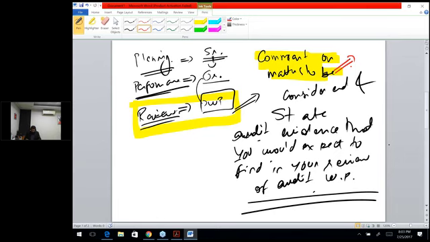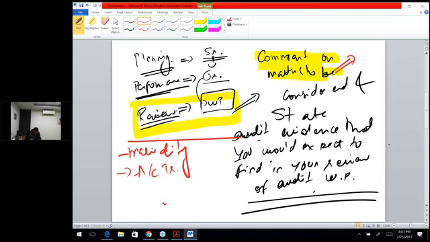So when we talk about comment on the matters to be considered, first of all, you need to talk about the materiality of the matter, whether the matter under consideration is material. And then you have to talk about the accounting treatment. So one of them is materiality. The other one is the accounting treatment.